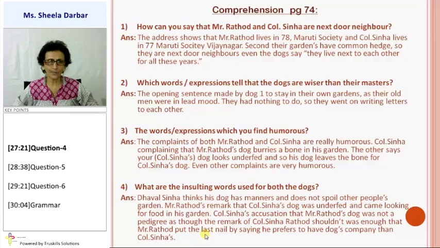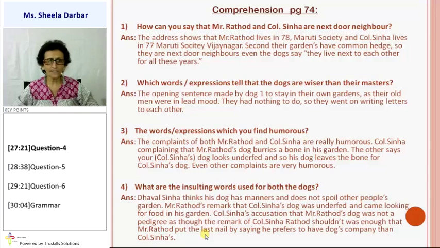Colonel Sinha's accusation that Mr. Rathore's dog was not a pedigree. As though the remarks of Colonel Sinha and Rathore were not enough, Mr. Rathore put the last nail by saying he prefers a dog's company to Colonel Sinha's.